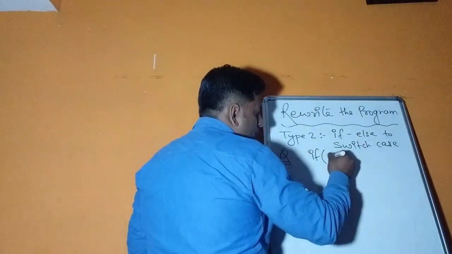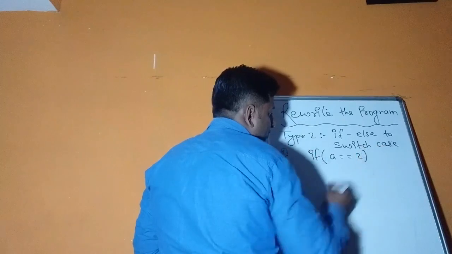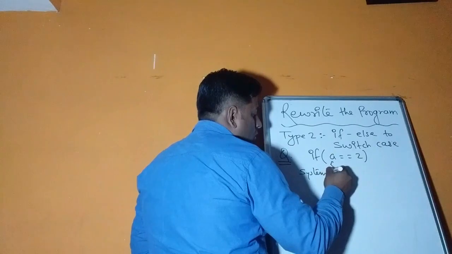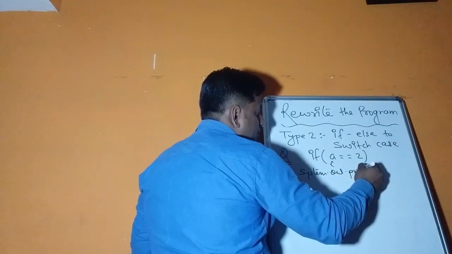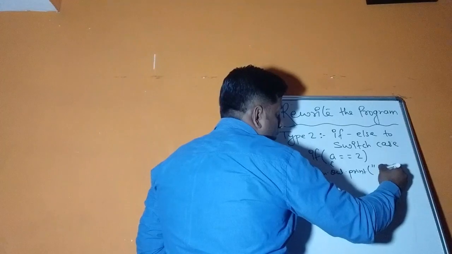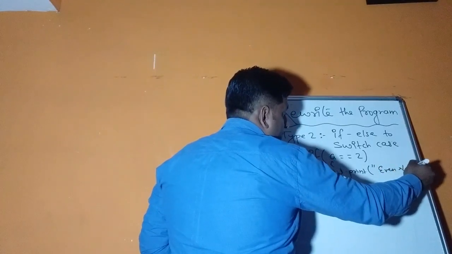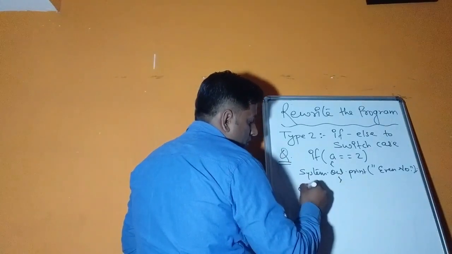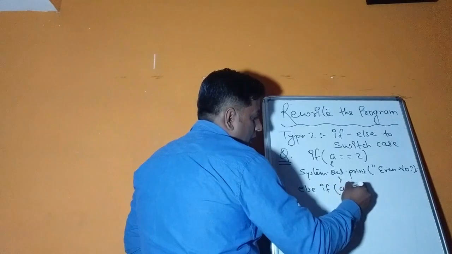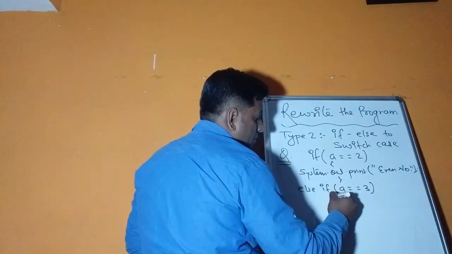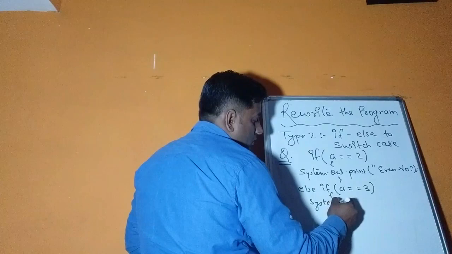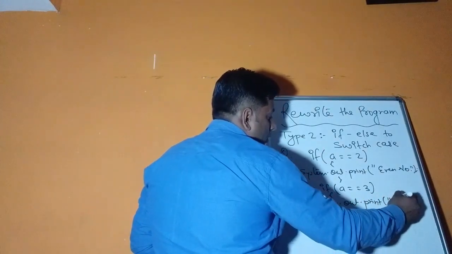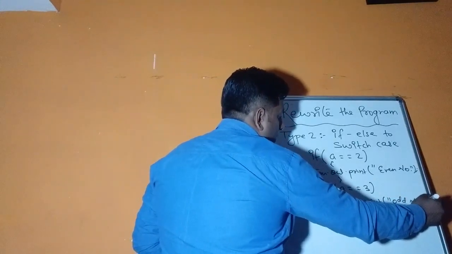If a double equal to 2, system.out.print even number, else if a double equal to 3, system.out.print odd number.